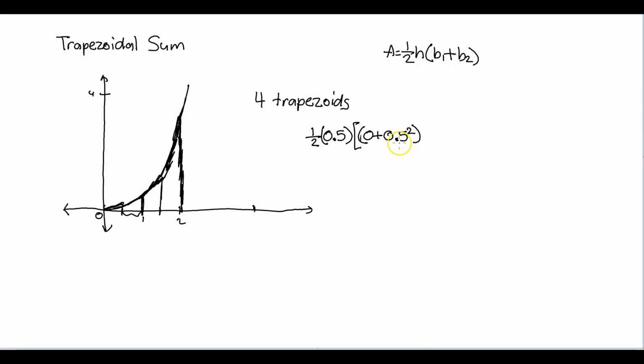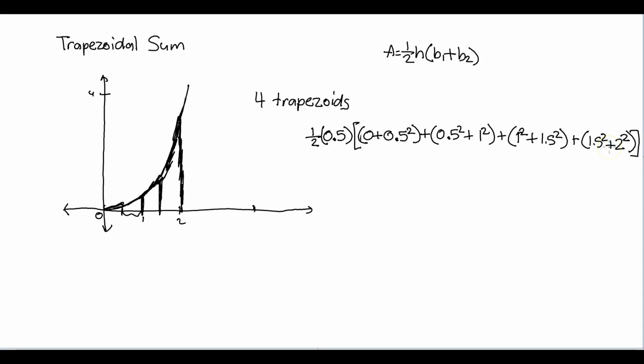Remember, it's the function values. This is f, okay? I accidentally put the x coordinate. Plus base 2, f of 0.5 plus f of 1 plus 1 squared plus 1.5 squared plus 1.5 squared plus 2 squared.